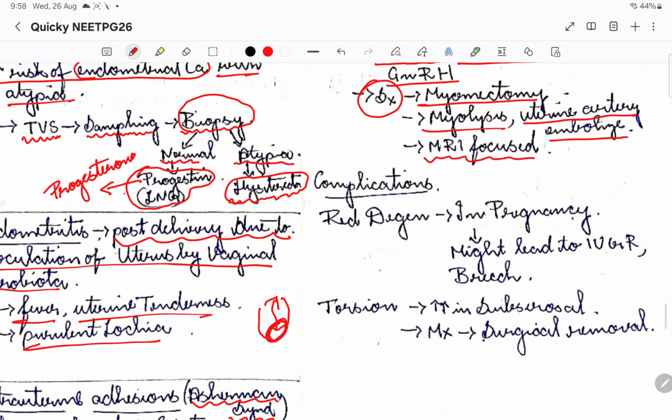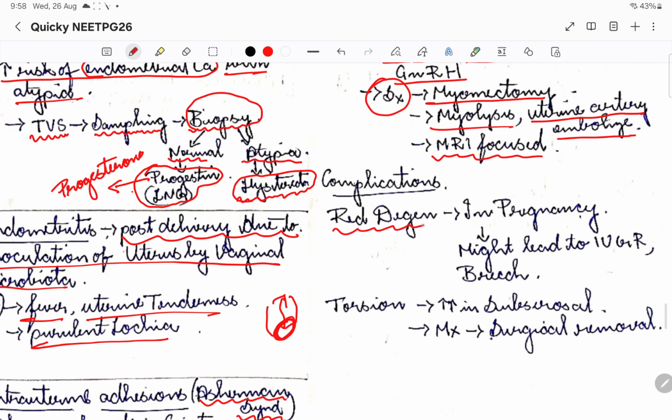So what are the complications that leiomyoma mostly leads to? Because this is a benign thing, there are not many complications it might cause. Because of some other factors, complications might occur. One is red degeneration. This happens in pregnancy, if there is a fibroid, and a red beefy color will be there.